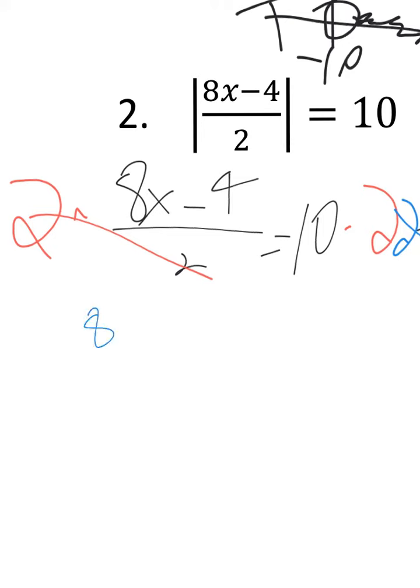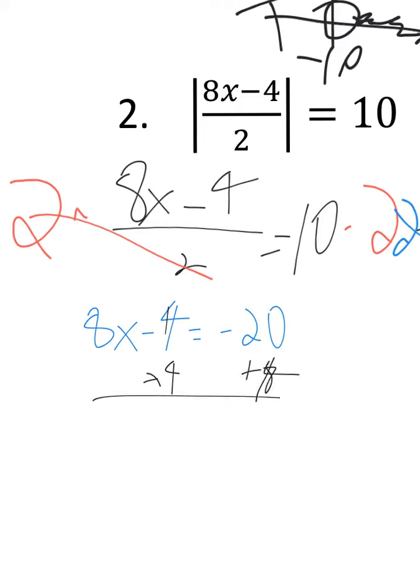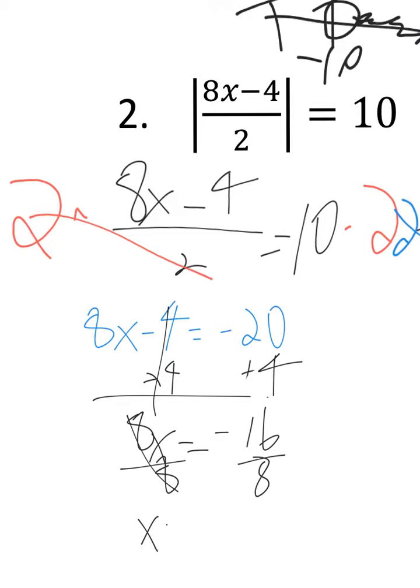I have 8x minus 4 equals negative 20. So now I can just plus 4 and then divide by 8. 8x equals negative 20 plus 4, which is negative 16. So divide by 8 and you get x equals negative 2.